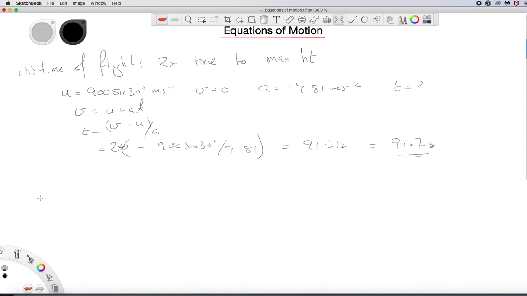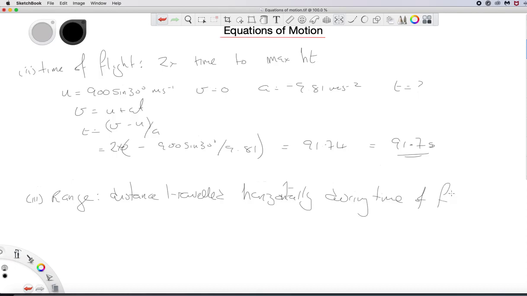The final part then, part 3, the range. And of course, in this case, what we mean by range is the distance travelled horizontally during the time of flight.